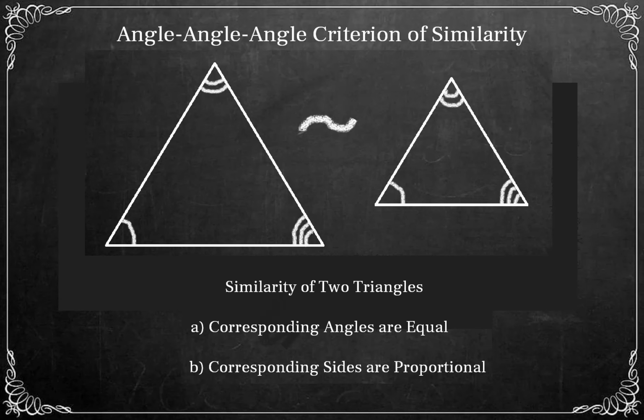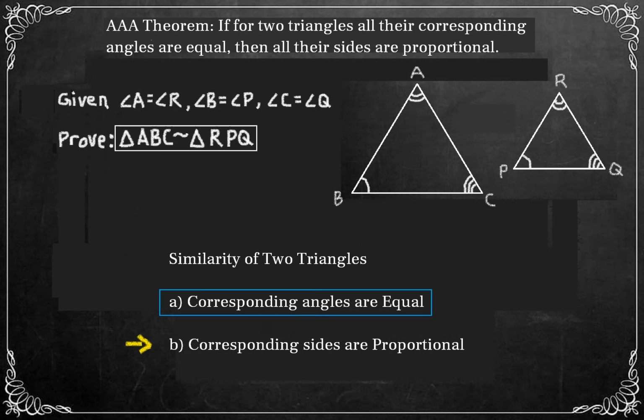Put differently, we should be able to find a scalar value that can scale up or down one of the triangles so that we could place it on top of the other triangle in such a way they would coincide with each other. That being said, upon meeting both of those conditions is what it means for two triangles to be similar. Enough chitter-chatter. Let's get into it, ladies and gentlemen.